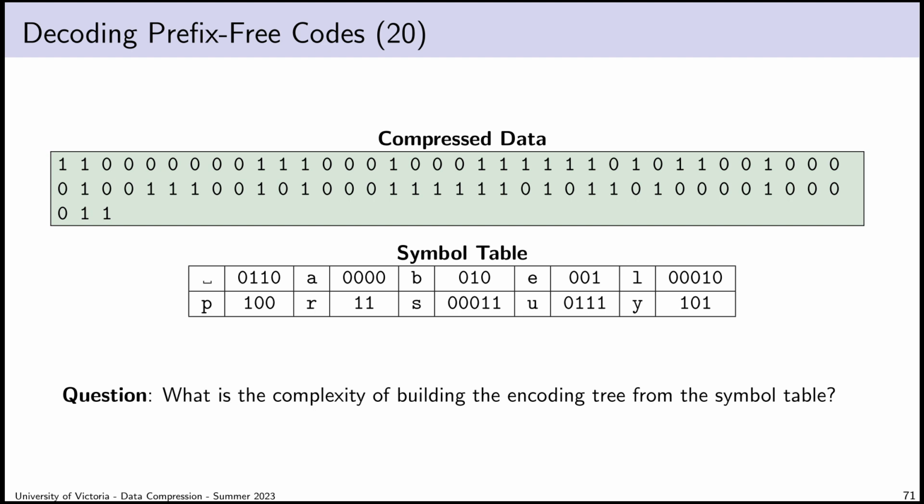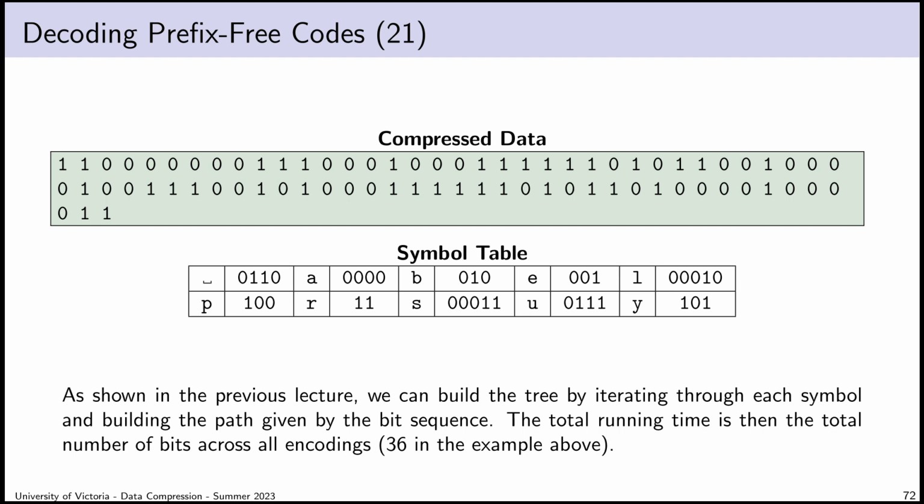So one other thing I want to talk about is the complexity of actually building the tree. And I did actually talk about this in the last video, but we can build the tree by just walking through the symbol table and just adding whatever nodes are needed for the bit sequence to be realized for each symbol. And that means that the total running time of building the tree is linear, given that adding the nodes themselves and walking through the tree are constant time operations at each step.